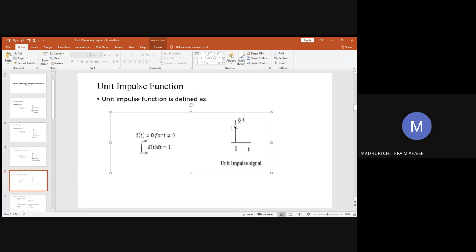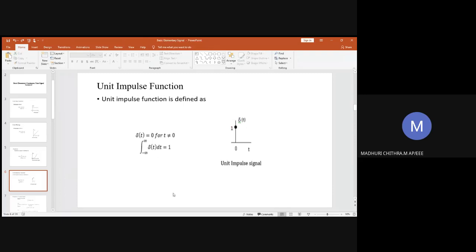This is the representation with a dot and a line. So del of t is 0 when t is not equal to 0, and its integration from minus infinity to infinity of del of t dt equals 1.